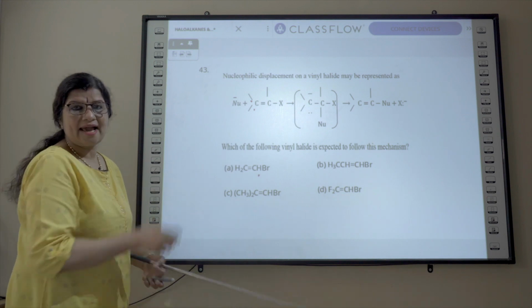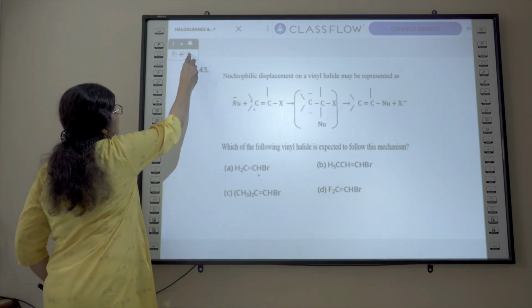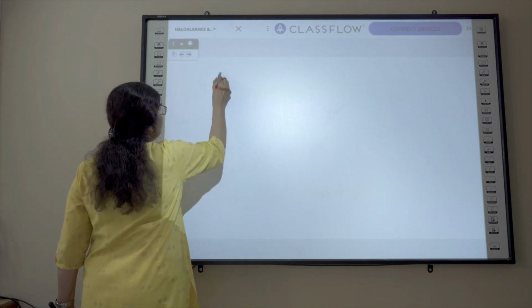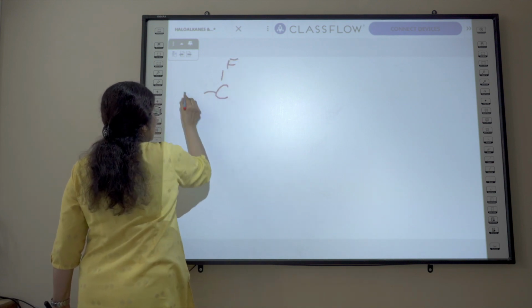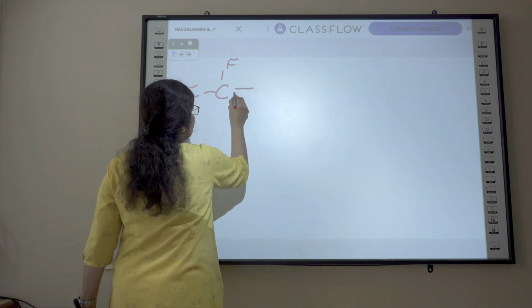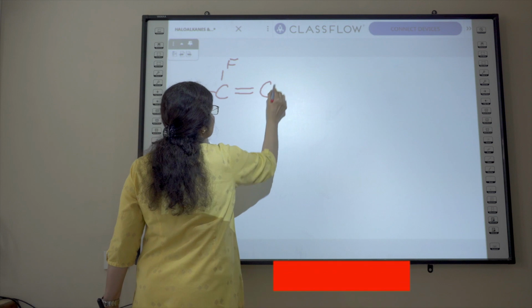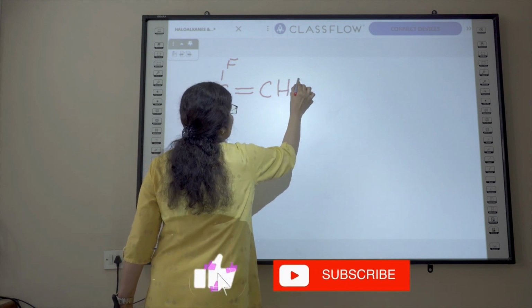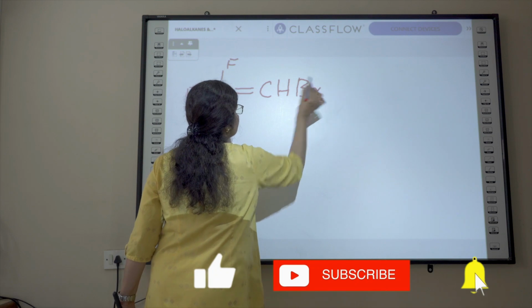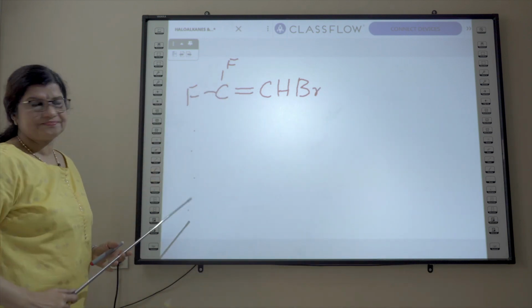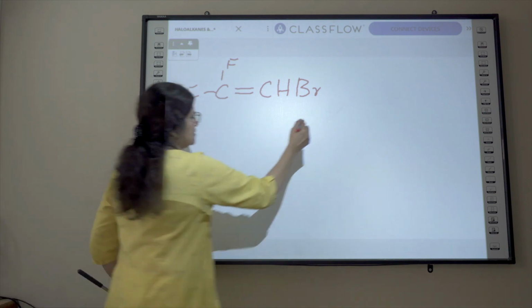Let's write down the sequence of reactions with the last option. You have CF2 double bond CHBr. This is the alkene, last option. Now let's see what happens.